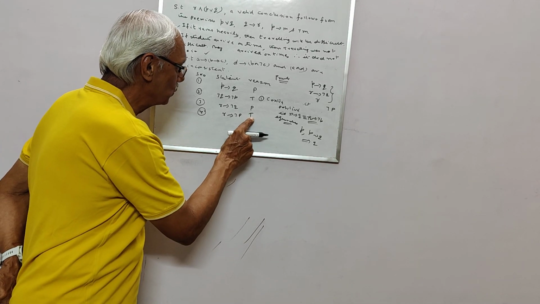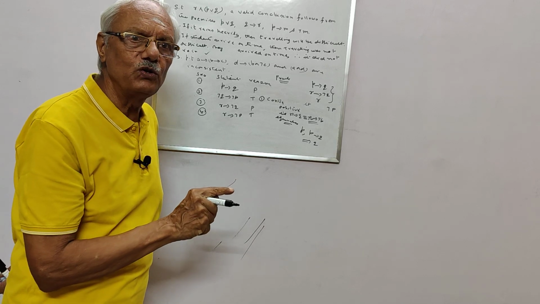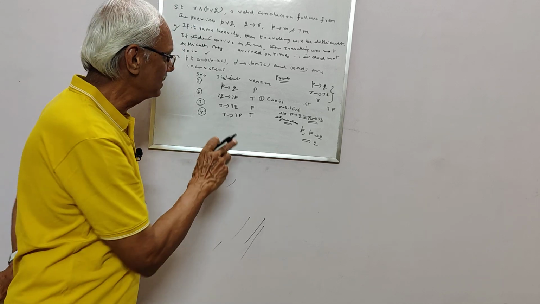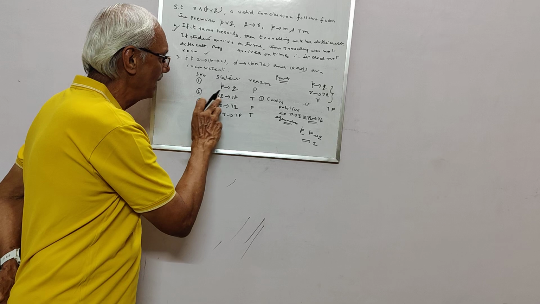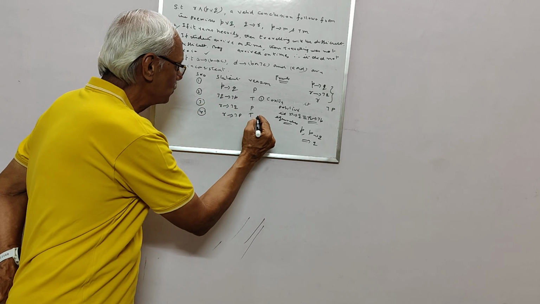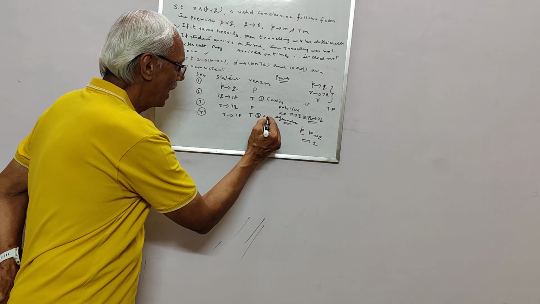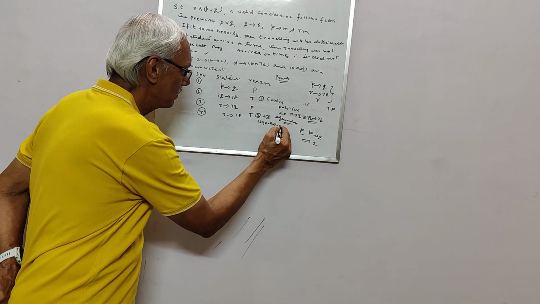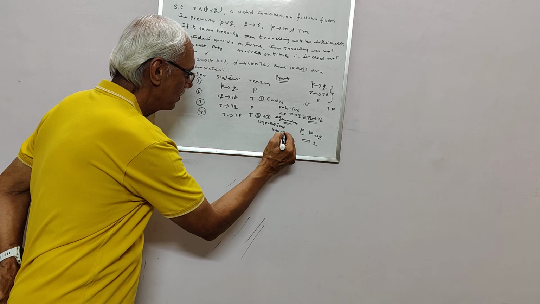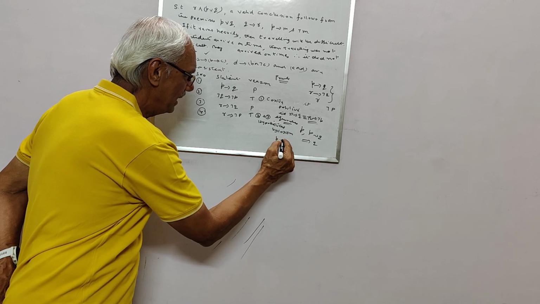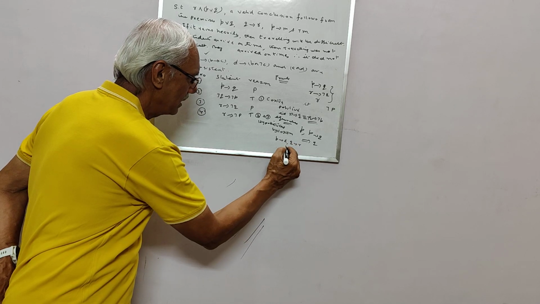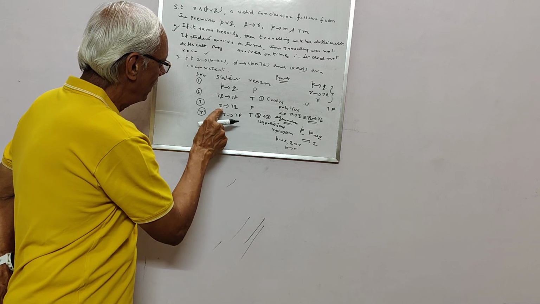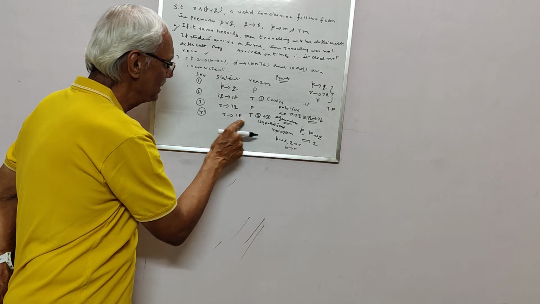Here I have taken R implies negation Q, and negation Q implies negation P, which means R implies negation P. This is true, and it is coming from 2 and 3, and this is called hypothetical syllogism: if P implies Q and Q implies R, then P implies R.